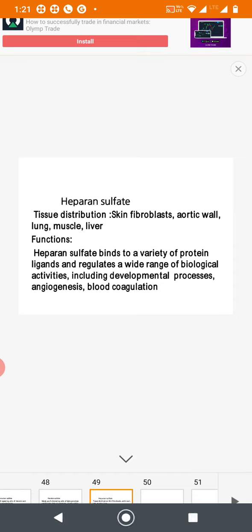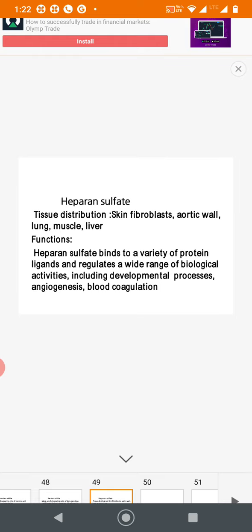The last one is heparan sulfate. Skin, fibroblast, aortic valve, lung, muscle and liver are the main tissues where heparan sulfate is distributed. Heparan sulfate binds to a variety of protein ligands.